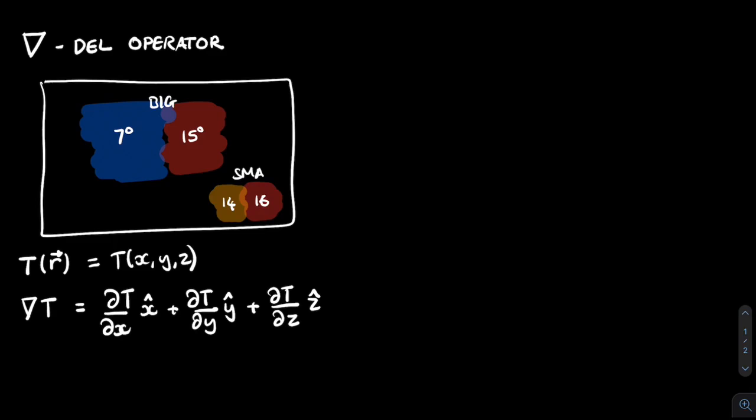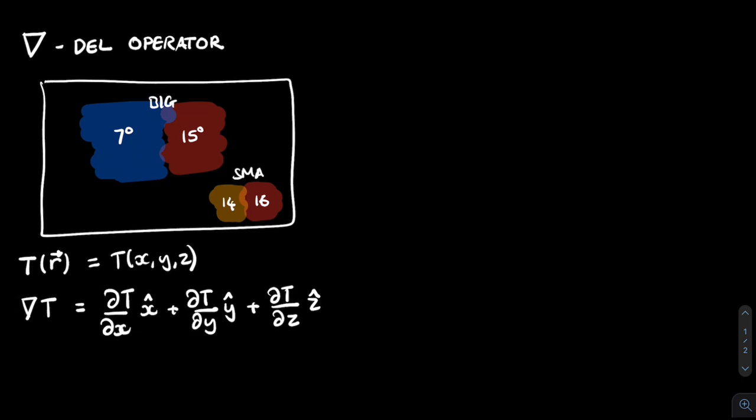So you notice that this produces a vector right here, because obviously there's three different components. It takes in a scalar and it outputs a vector quantity. So this is what the gradient operator does. That's how you compute it, and what it's actually measuring is how much of a change in this quantity T there is at a certain point in the room.